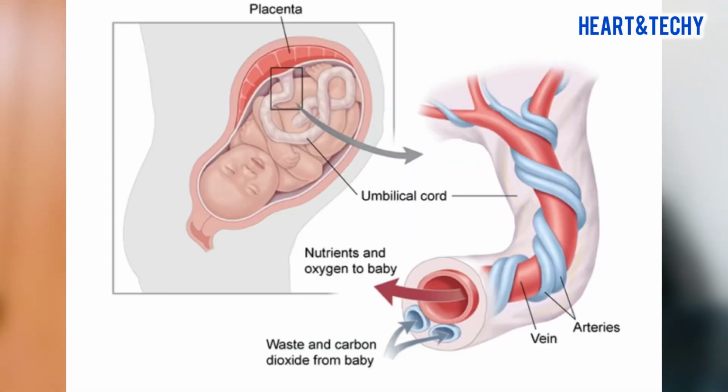The umbilical vein connects to the mother, and the cardinal and vitelline veins drain blood from the yolk sac and the cardinal system.